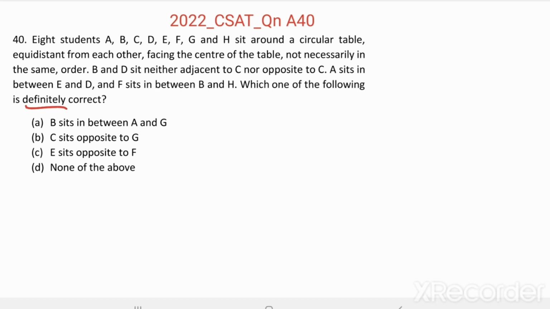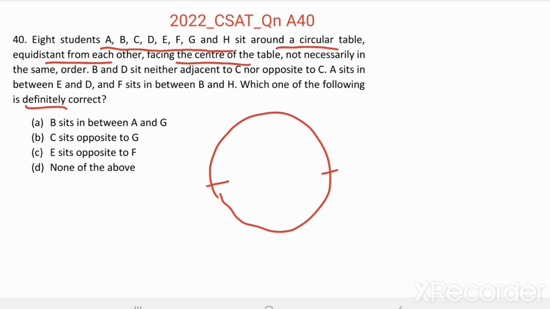There are 8 students A, B, C, D, E, F, G and H. They are sitting around a circular table, equidistant from each other, facing the center of the table. Suppose this is the table. Then they are sitting equidistant from each other.